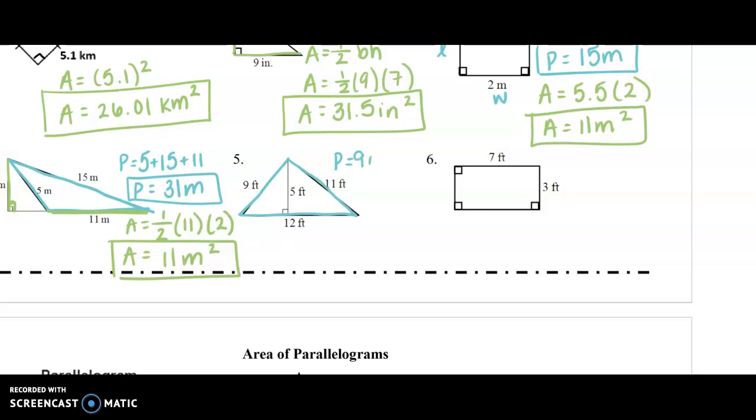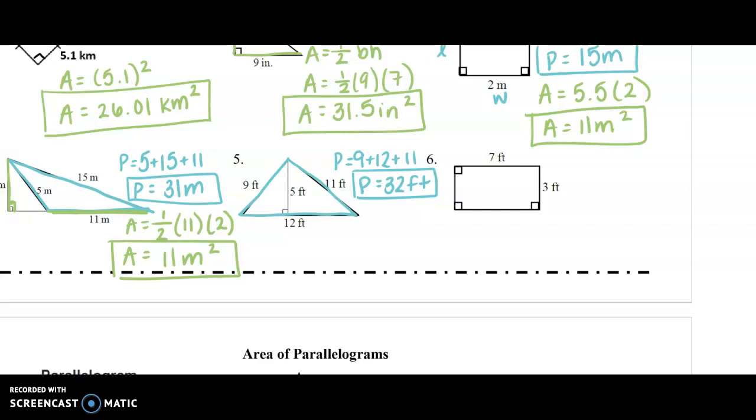So 9 plus 12 plus 11. So my perimeter is going to be 32 feet.